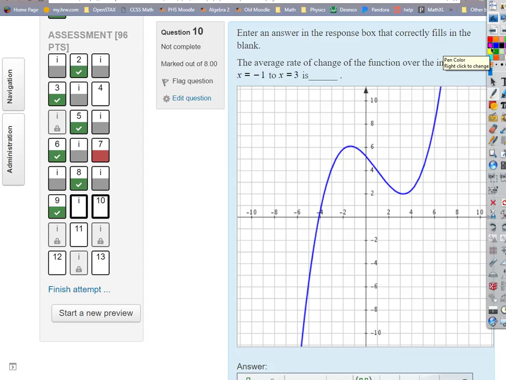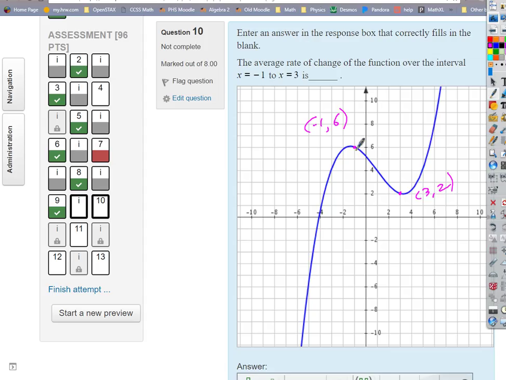When you go over -1 and up to there. Yeah. Okay, good. So we're going from the point at -1, 6 to the point at 3, 2. Okay, so we want to know slope, right? The average rate of change is just going to be the slope between those points.